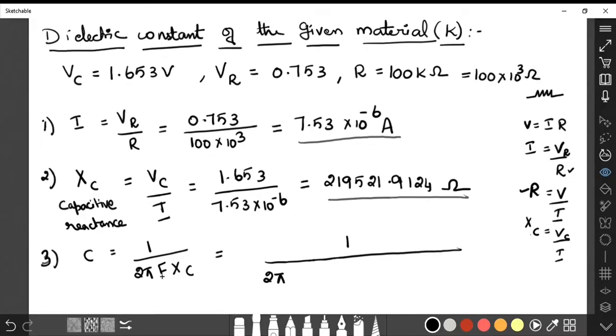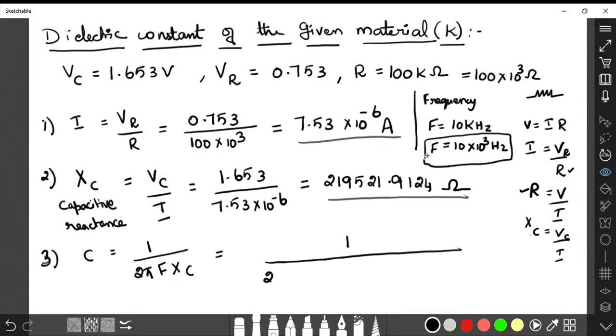F is the frequency of the AC current. For this experiment we used the AC signal generator, so frequency F is equal to 10 kilohertz. This value is already mentioned on the board itself, so while doing the experiment we also have to note down 10 kilohertz. Kilo means 10 into 10 cube hertz. This is the value of F that we substitute in this formula.